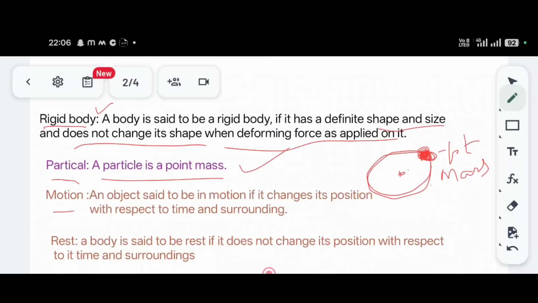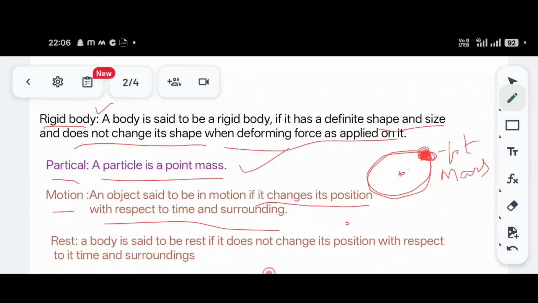Then what is the motion? An object is said to be in motion if it changes its position with respect to the time and surrounding. Whenever the body changes its position from one point to another point with respect to its surrounding.